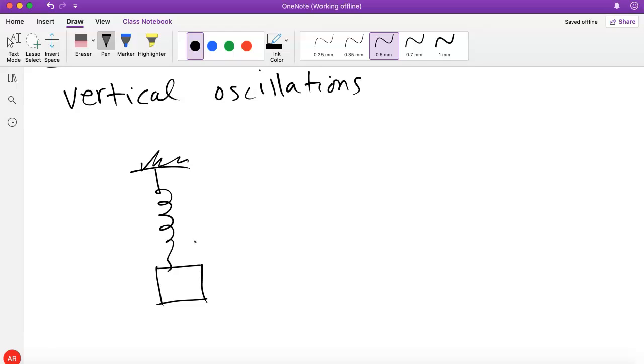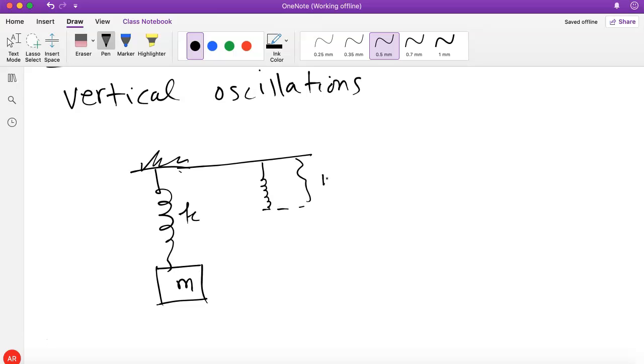First, you'd notice that if the mass is in equilibrium, if it's not moving and you're just hanging a mass from a spring, that spring must be stretched with respect to its natural length.